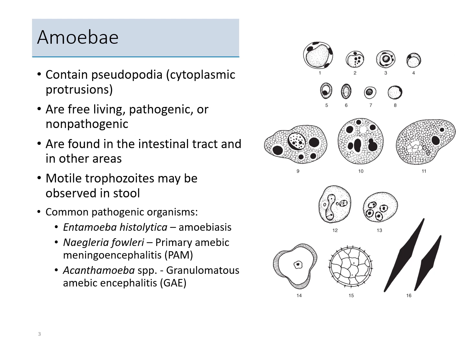They can be pathogenic or non-pathogenic. They are found in the intestinal tract as well as other areas of the body, and they are a motile trophozoite seen in stool specimens. Some of your more common pathogenic organisms include Entamoeba histolytica, Naegleria fowleri, and Acanthamoeba.